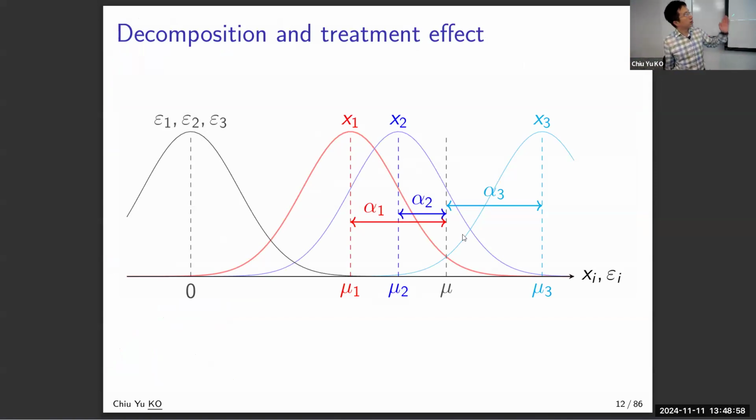Remember, mu is the middle. So at mu is the position where alpha 1 plus alpha 2 must be equal to alpha 3. This is where the mean is. The left hand side and the right hand side are the same, so alpha 1 plus alpha 2 should have the same value as alpha 3. This is exactly where the mu is.